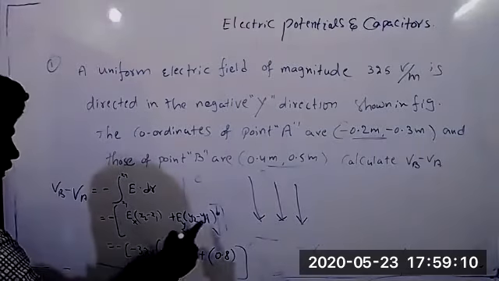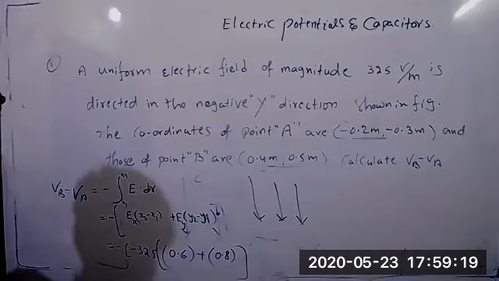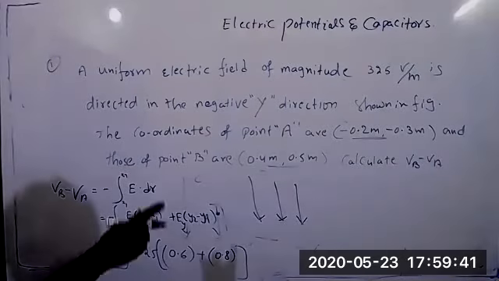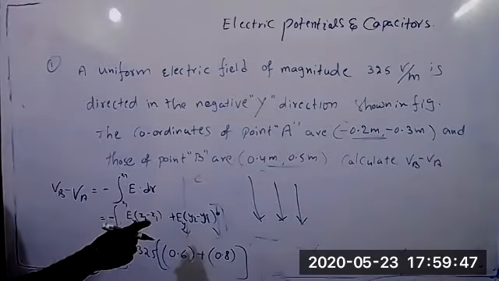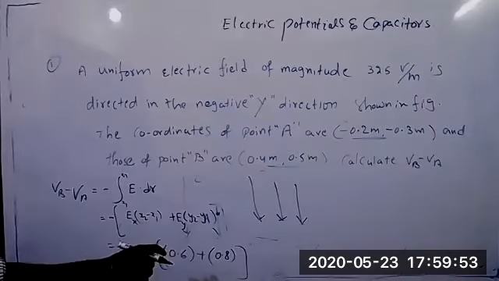Have I given the correct points? Minus 0.2, minus 0.3, 0.4, 0.5.